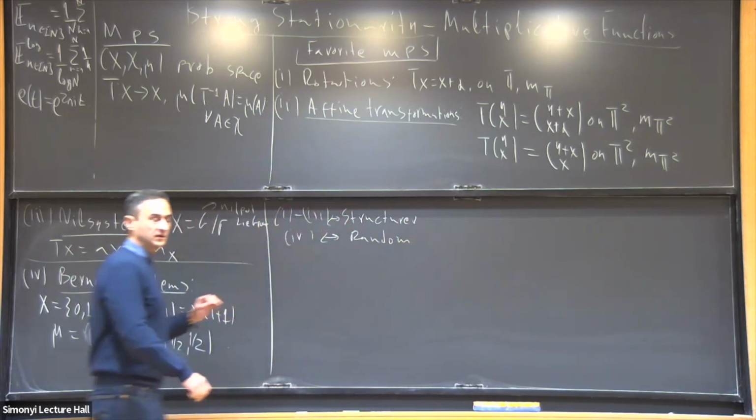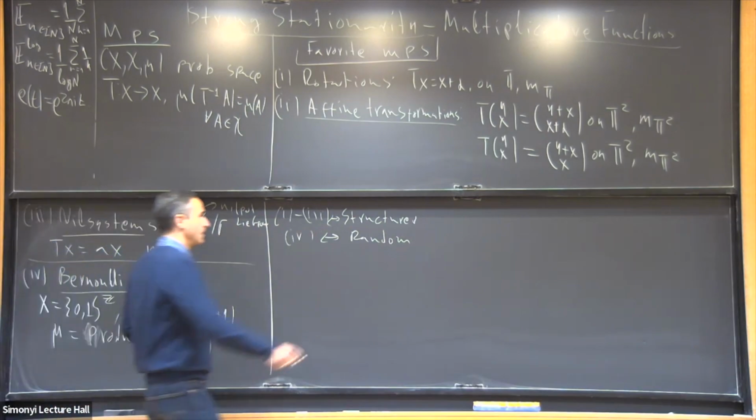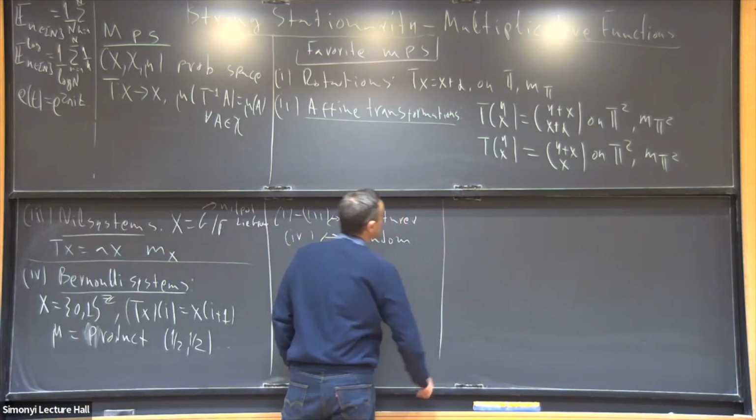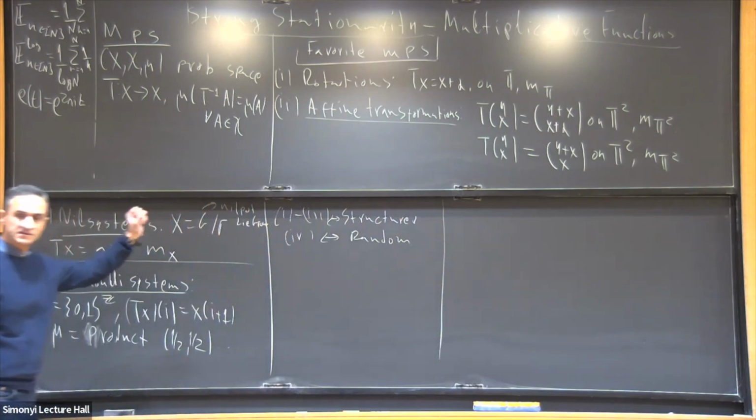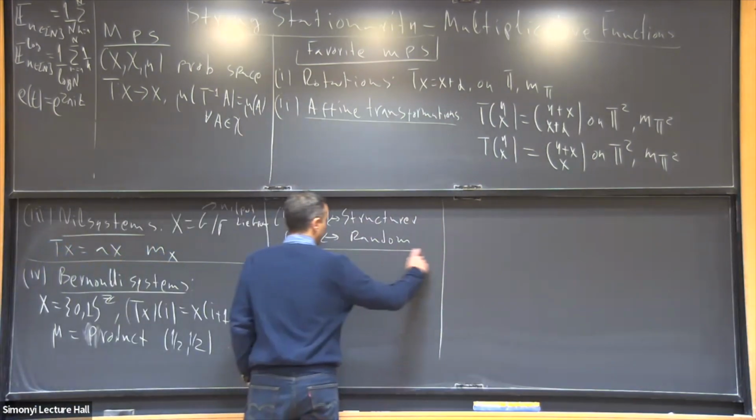Okay, and we have the basic operations also. So for me, something will be on the list of favorite systems, basic systems, if it can be constructed from these using some basic operations.